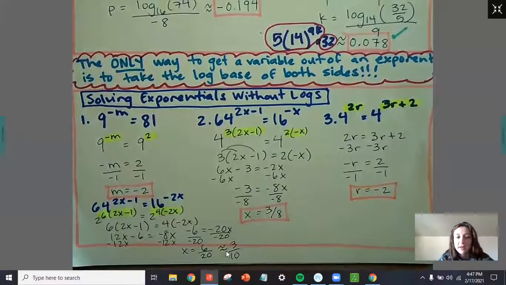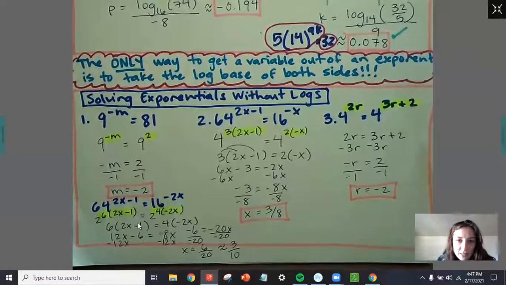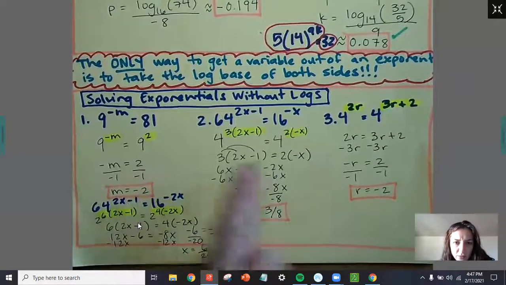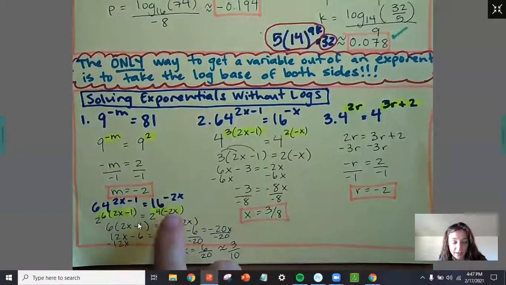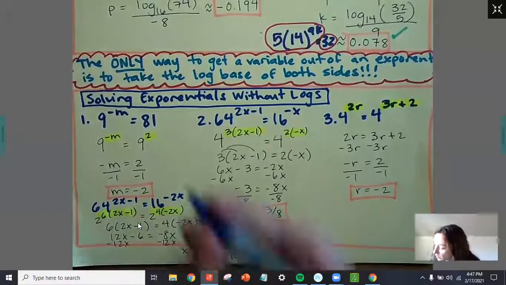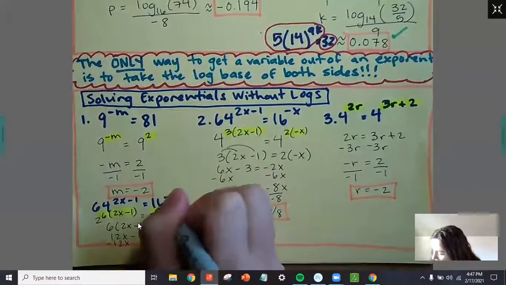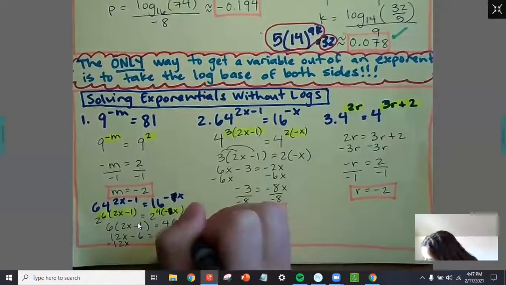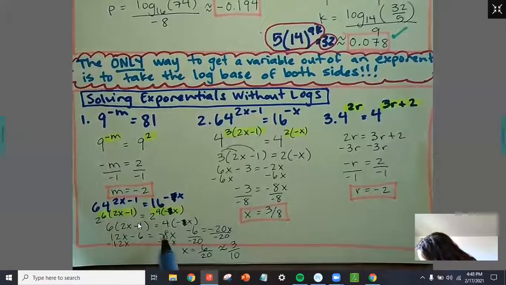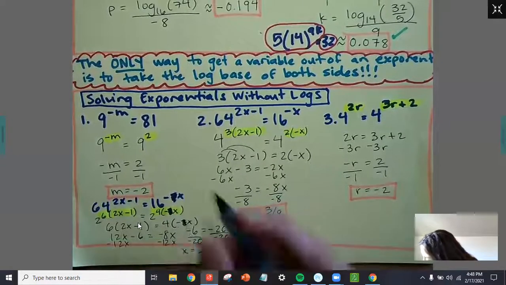Okay, so let me go back and see what I did here in this problem, because this should be equal. Oh, I see what I did already. That is actually not negative 2x, it's just regular x. So that's what I did there. Nice to know. So that's not 2x, which means that this is just negative 4.